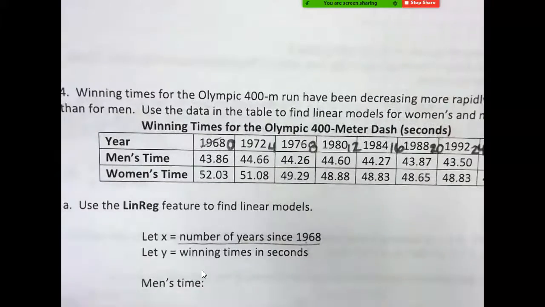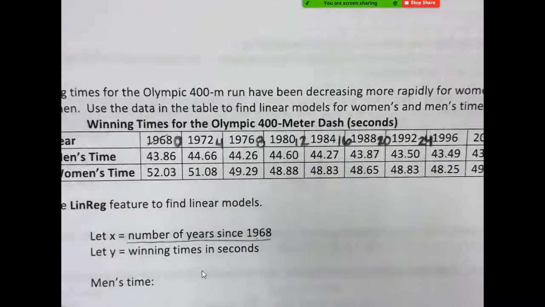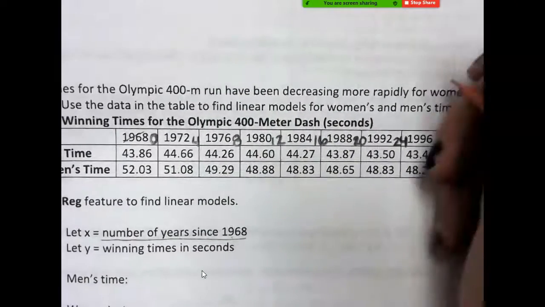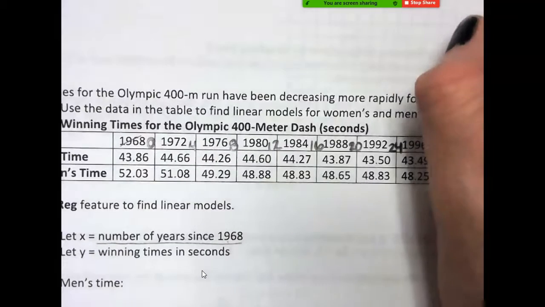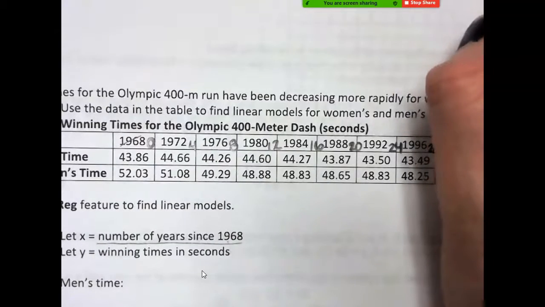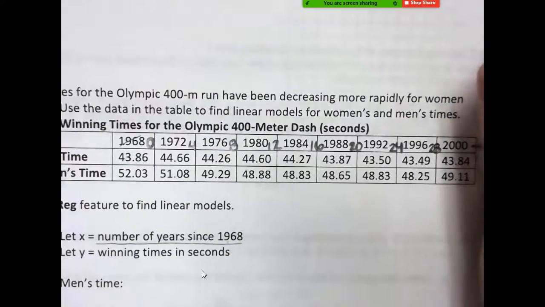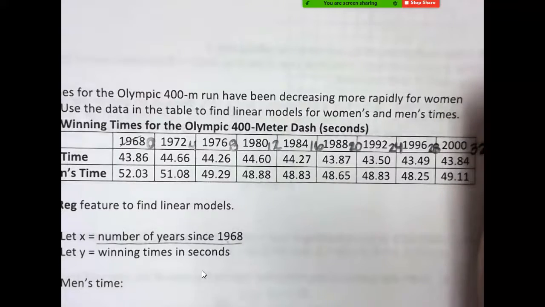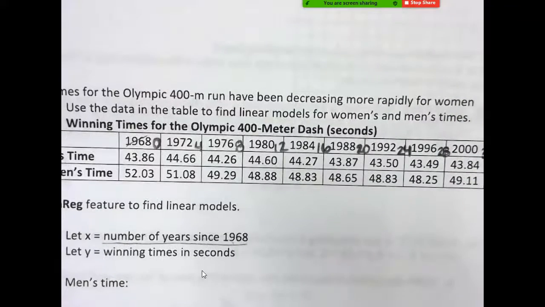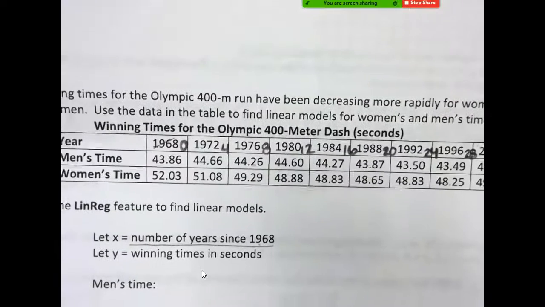If you didn't notice the pattern, we're increasing by 4. 96 is 28, and the reason you're increasing by 4 is because the Olympics occur every 4 years, and this data relates to the Olympics.